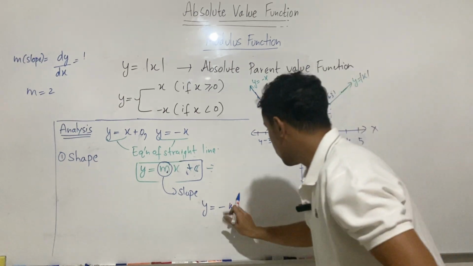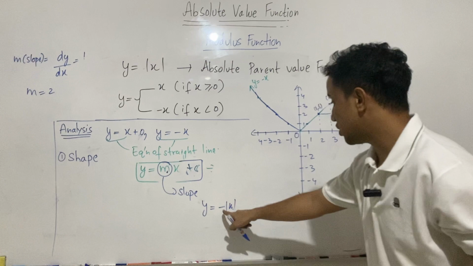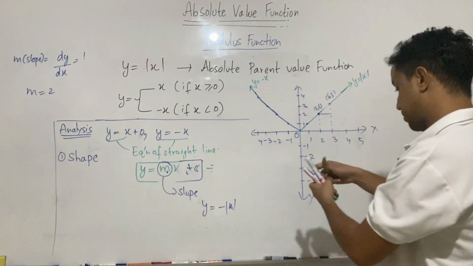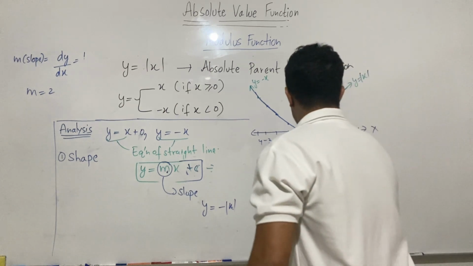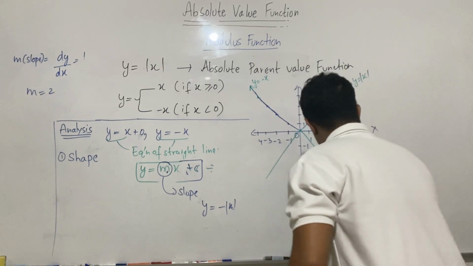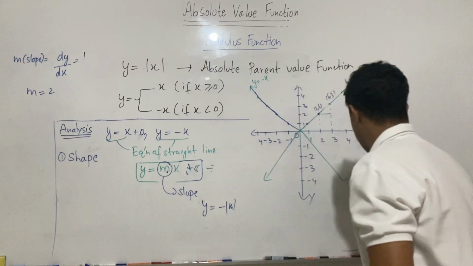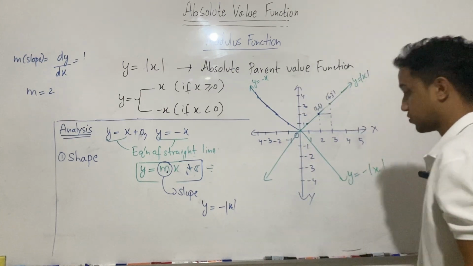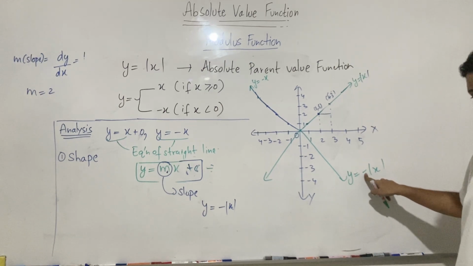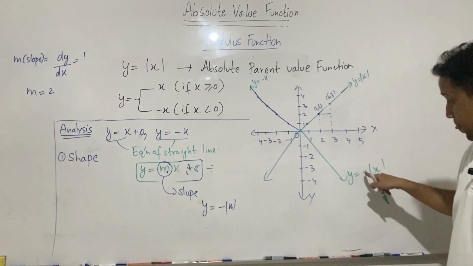So if you make the graph of y equal to negative mod x, then your graph is going to be something like this. Okay, this is y equal to negative mod x. Why? Because your slope is negative.